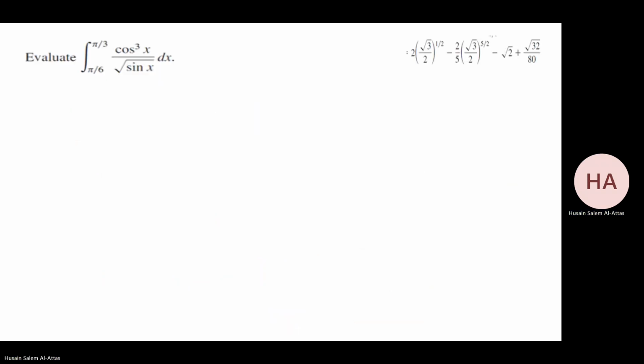Okay. Now, the same thing. Since I have cosine cubed, that's it. This is what I'm looking for. I have an odd power of cosine times something in terms of sine. Who cares about the limits, pi over 6 and pi over 3? So this cosine cubed, I will write as cosine square x times cosine x, with sine x to the power minus half, dx.